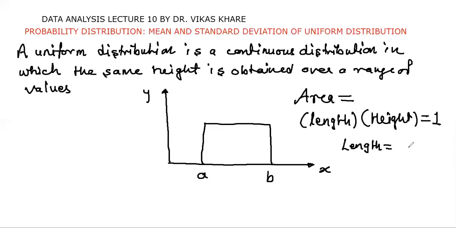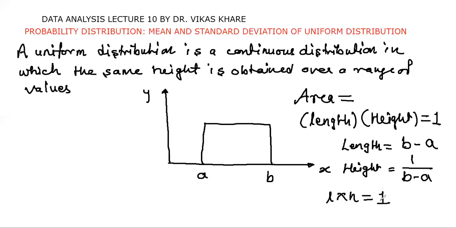Length is given by b minus a and height is given by 1 upon b minus a. So length into height is equal to 1. Here we identify a uniform distribution is a continuous distribution in which the same height is obtained over a range of values.